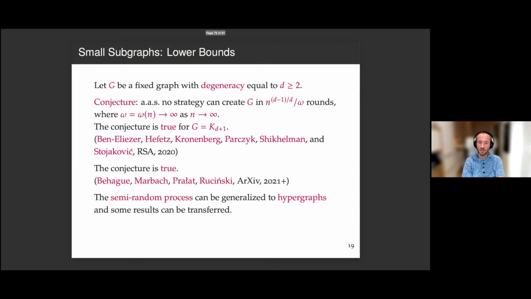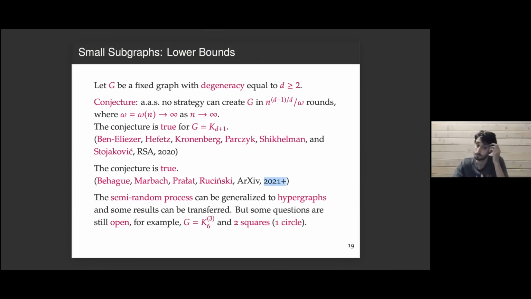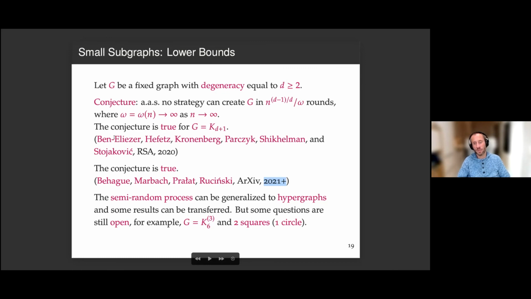Yeah, but I don't think anyone has looked at hypergraphs. I think this is a brand new process. I didn't mention the whole history. I think there are also some results. I think Noga Alon asked a question about this semi-random process, which was then answered by Michael Krivelevich and his team. If I remember, the idea was that they wanted to create a graph on n vertices. It's a little bit like this small subgraph, but in our case, the graph is small, fixed in advance.